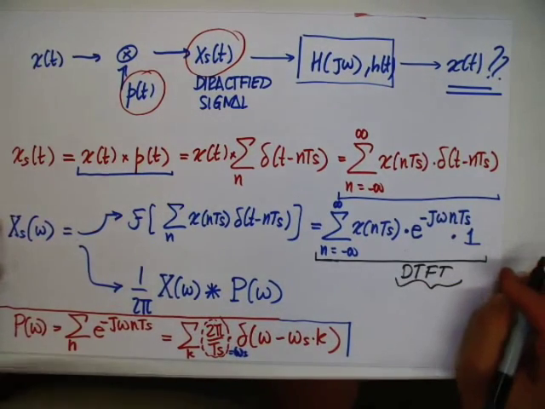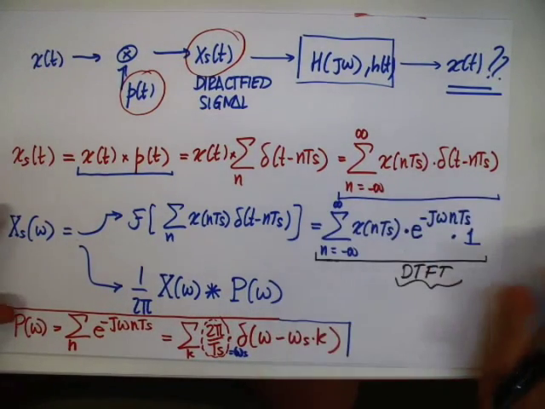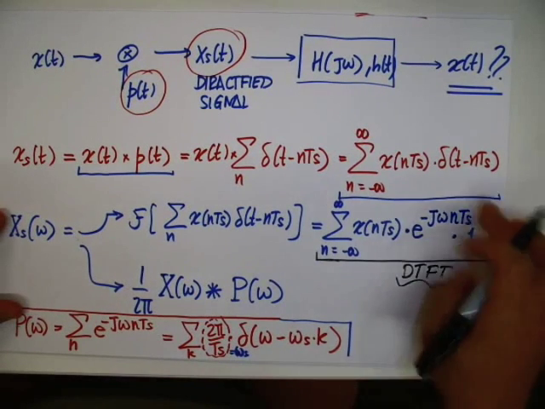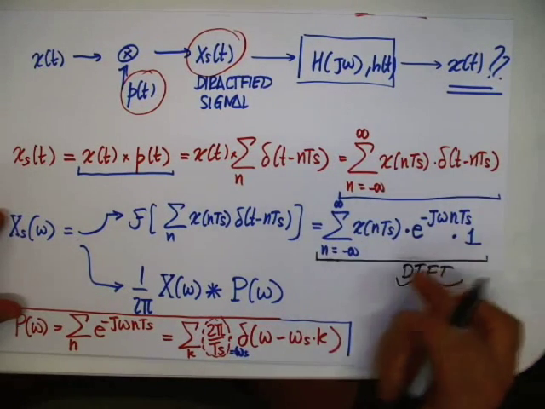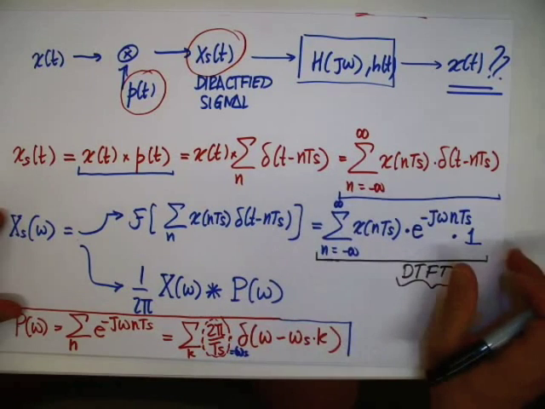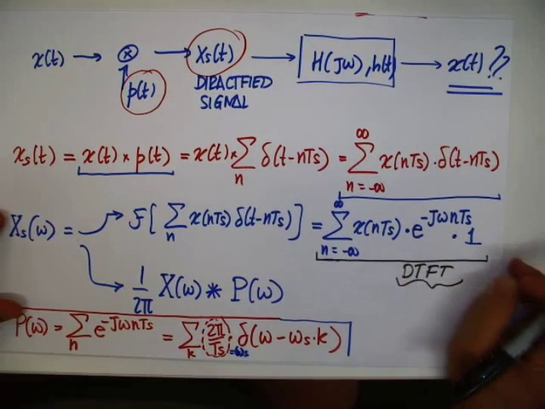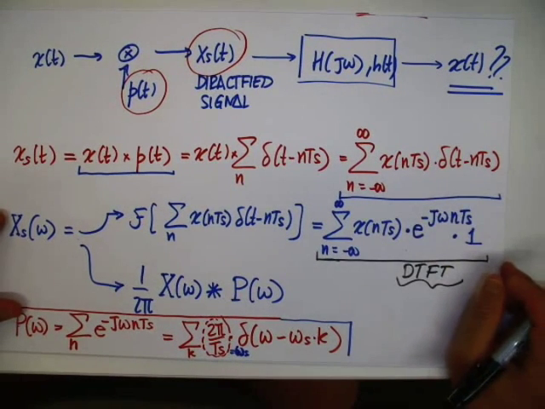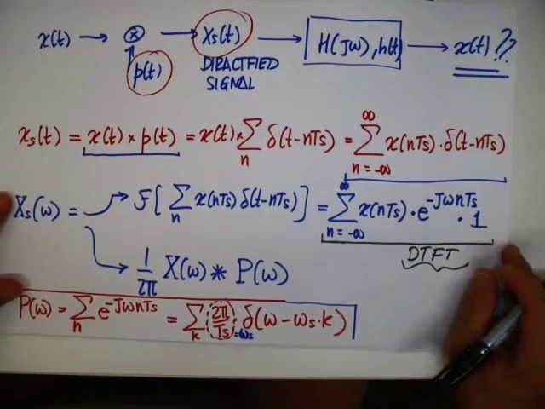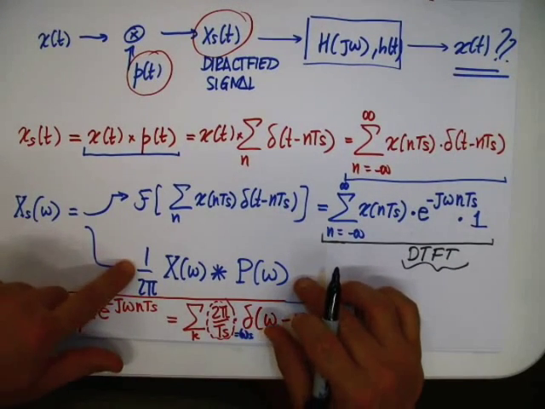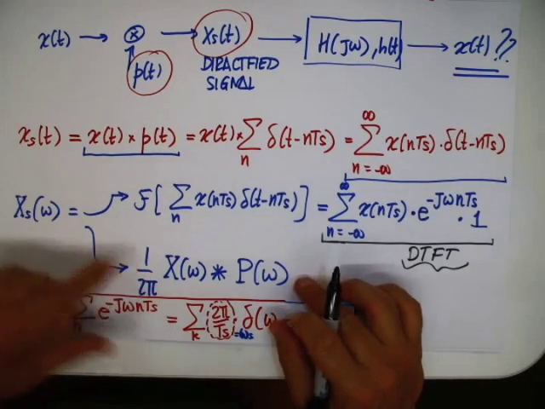We're going to discuss it later on, but you see already, you can use this formula to define the discrete time Fourier transform. So it looks like we need to work out this formulation in terms of convolutions.